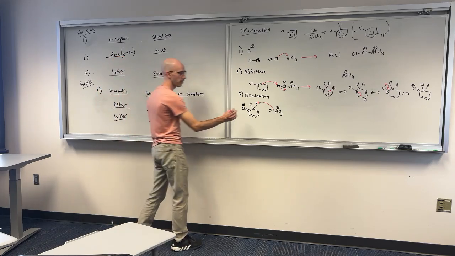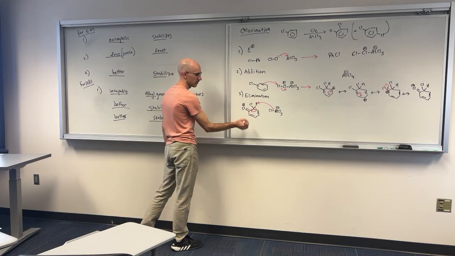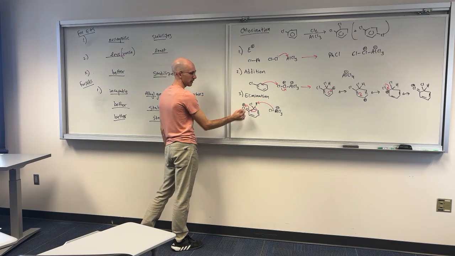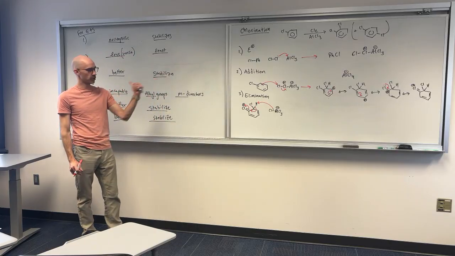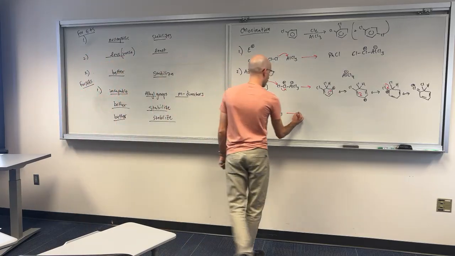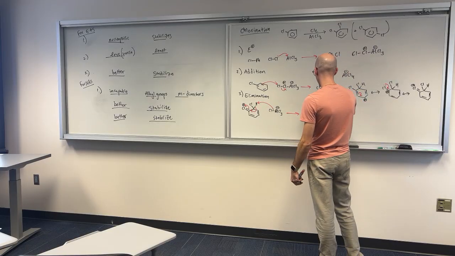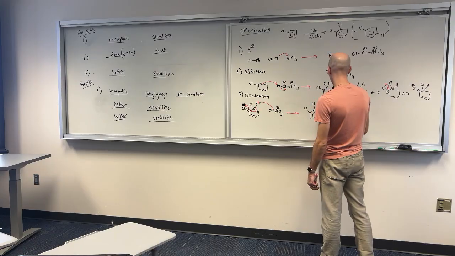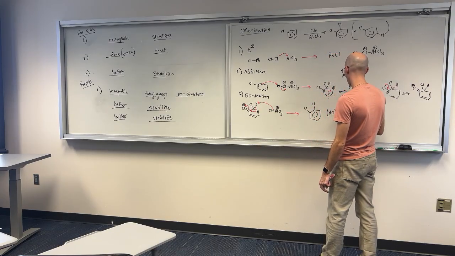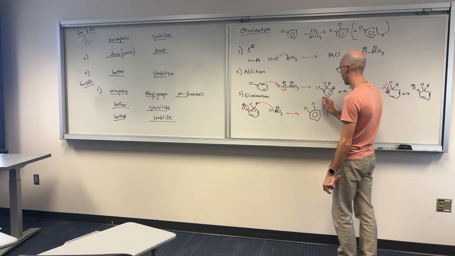The CH bond reforms aromaticity. And for this resonance form, that means pushing electrons back to the chlorine. So now we have our byproducts. We've got the ortho-dichlorobenzene, hydrogen chloride, and our catalyst, AlCl3.